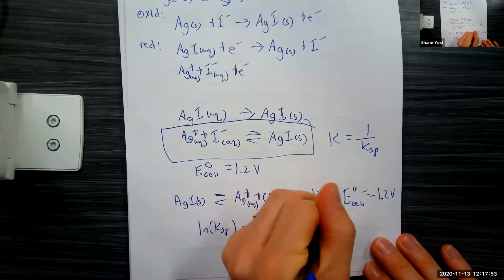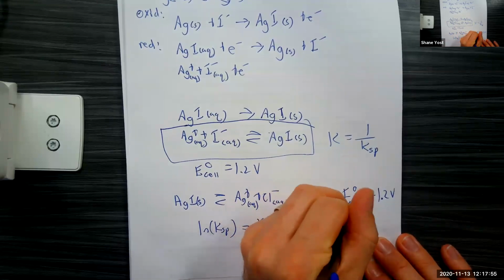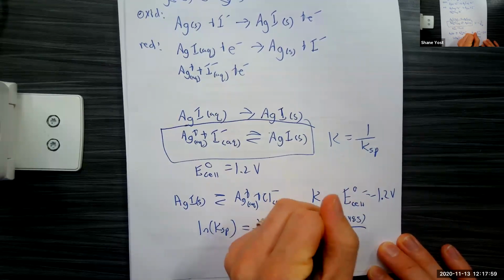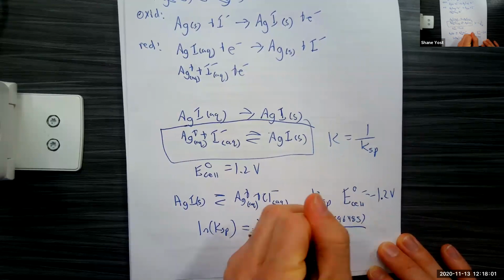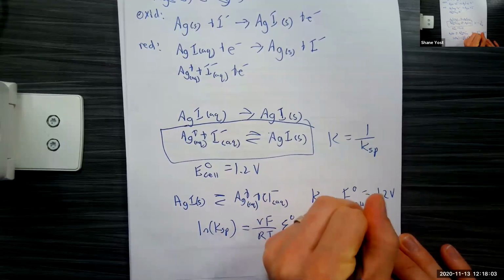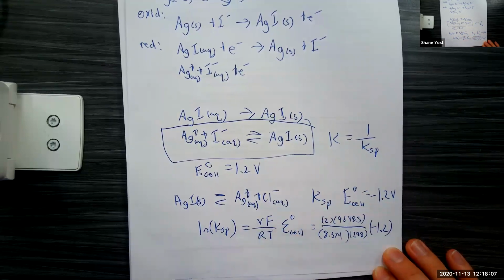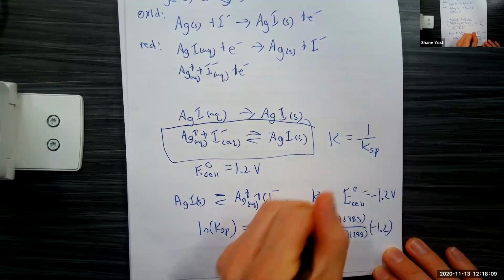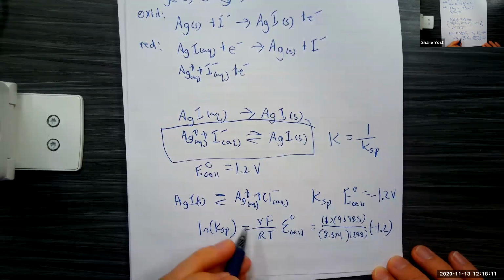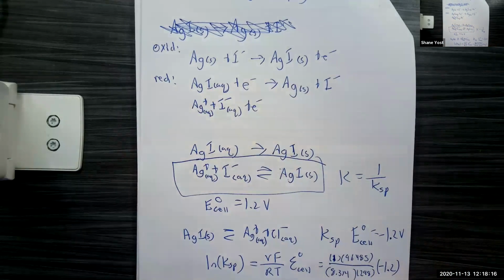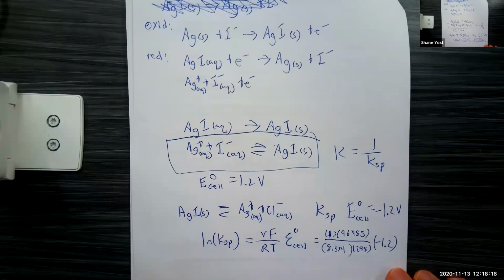That's 2 times Faraday's constant, 96485 I think, over 8.314, temperature was 298 Kelvin, and cell potential was minus 1.2. Oh, and the number of electrons transferred is 1, sorry, not 2. n is 1 here, going by these reactions, just 1 electron is being transferred.